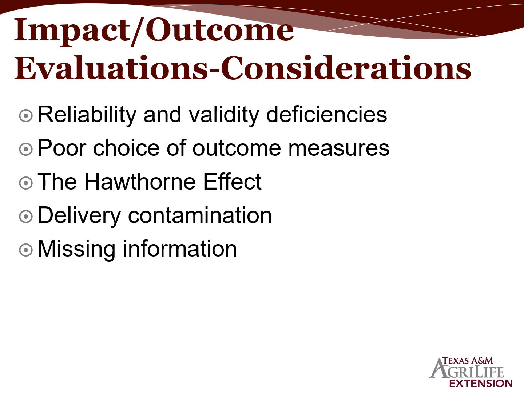The poor choice of outcome measures, that kind of ties back to validity. What that means, though, is that in the planning phase, whoever's doing the evaluation and whoever's doing the program development and teaching are working hand in hand to make sure that the outcome measures are appropriate and something that could be measured. Okay, so that's something that goes back to the planning phase.